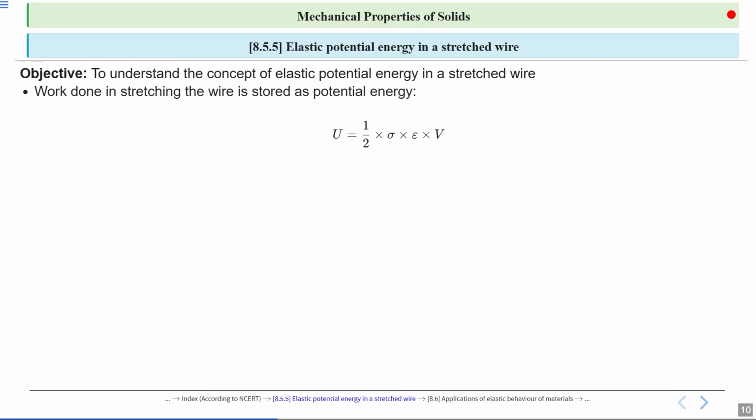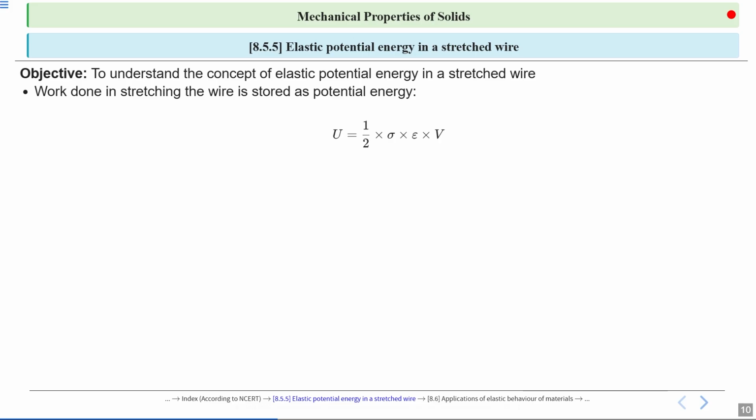Now let's look at the formula for the work done in stretching a wire, which is stored as potential energy. The formula is U equal to 1 by 2 into sigma into epsilon into V. Here, U is the elastic potential energy in joules.